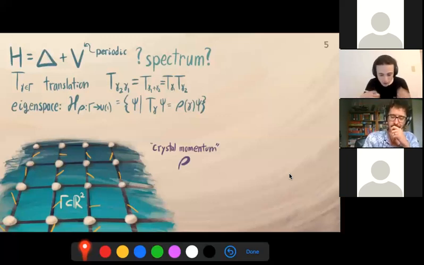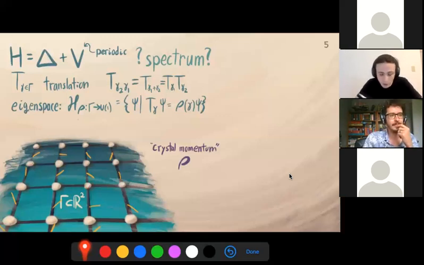Basically, I can choose the set of states by specifying their transformation rules. So I specify a representation rho from our lattice, which in this case is just an integer lattice, Z squared, and I map to U1, the set of phases.